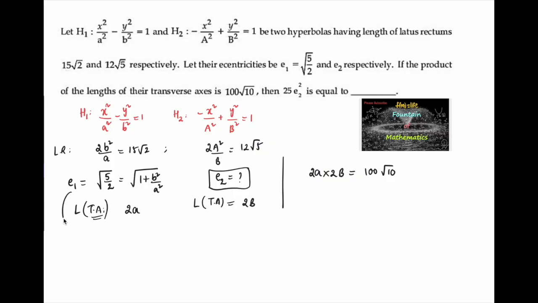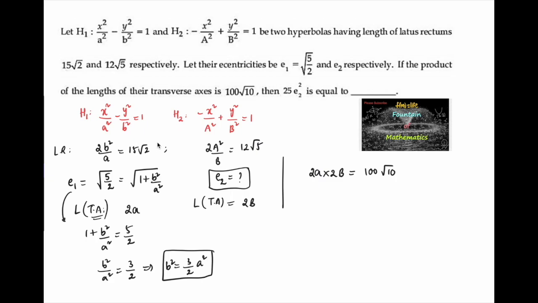So from eccentricity E1, we can write 1 plus b square by a square is equal to 5 by 2, or b square by a square is equal to 5 by 2 minus 1, that is 3 by 2. So b square is equal to 3 by 2 a square.